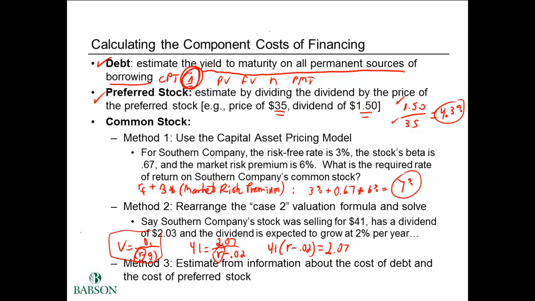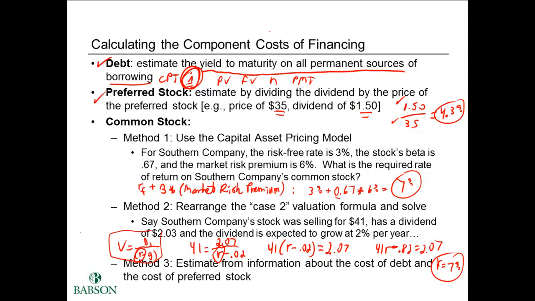Follow that through: $41R minus 0.82 equals 2.07. And R is going to be about 7%. It's another way of estimating the cost of equity.